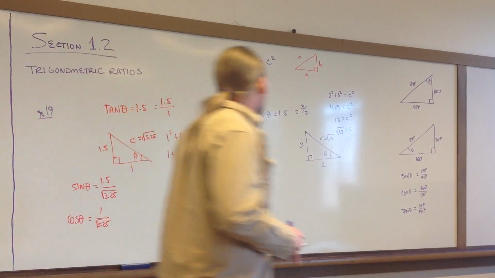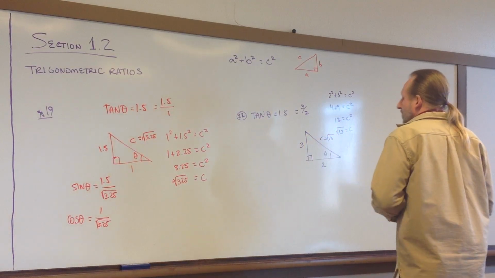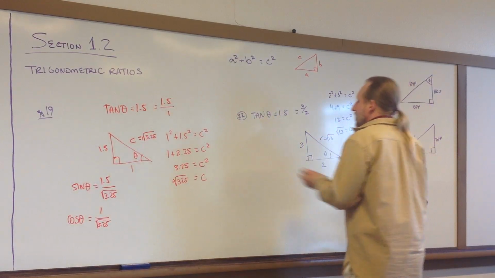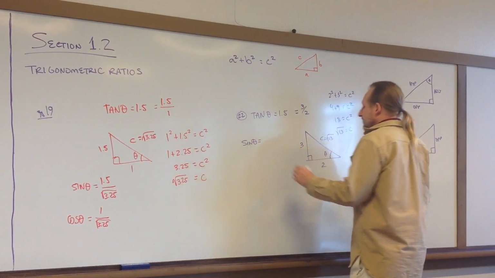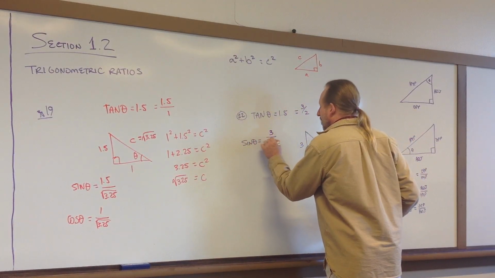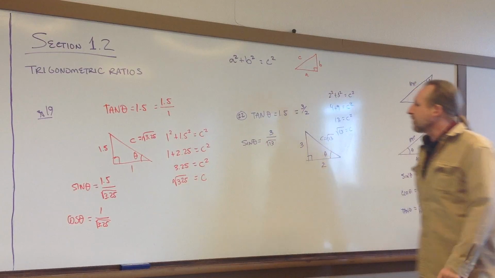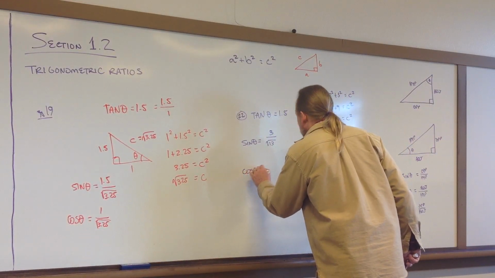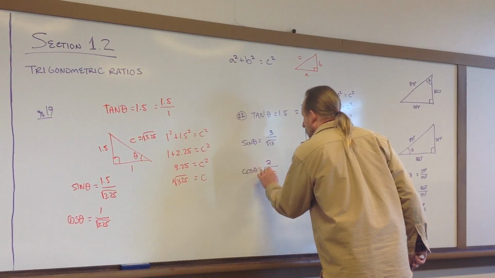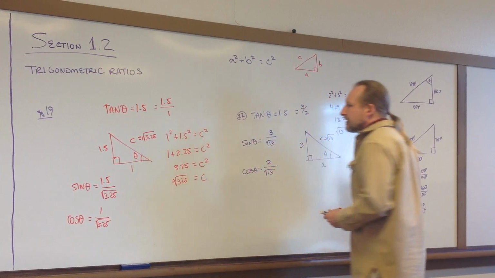Okay? Over here, our sine ratio is the opposite side, 3 over the hypotenuse, which is square root 13. And the cosine there is going to be 2 over square root 13.